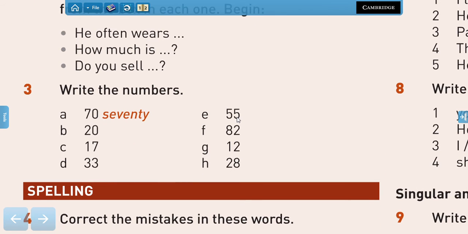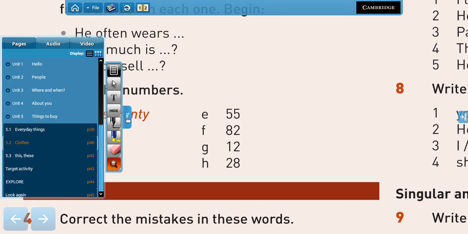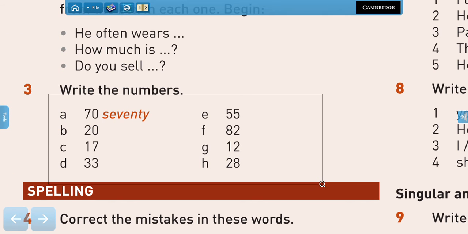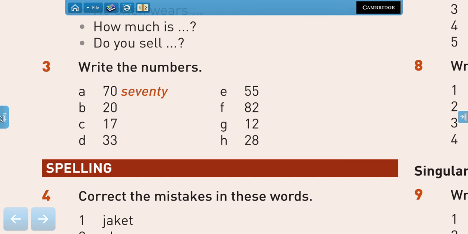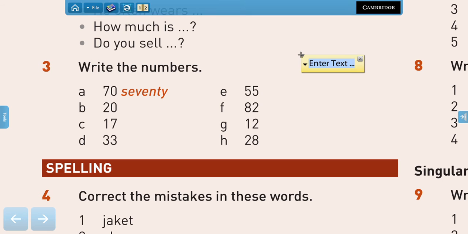Write the numbers. Okay, practice for you writing the numbers. Pause the video and write these numbers in words. All right? Pause the video now because we're going to check. So let's see.